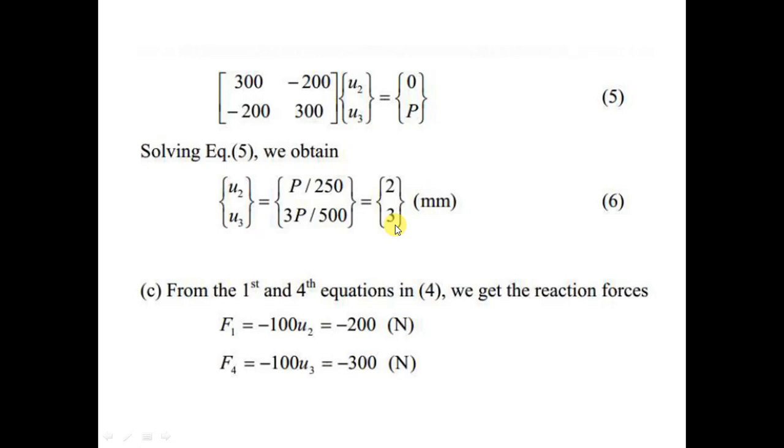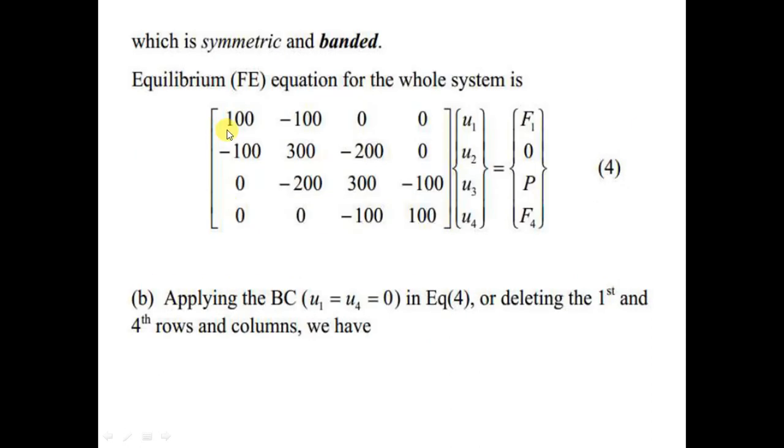Now we have to calculate the reaction forces at node number 1, F1, and node number 4, F4. If you put the values of U2 and U3 in equation 4, that is 100 U1 minus 100 U2, 0, 0, is equal to F1. The value of U1 is 0, so that term will be 0.